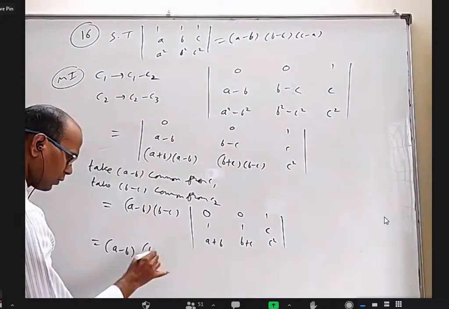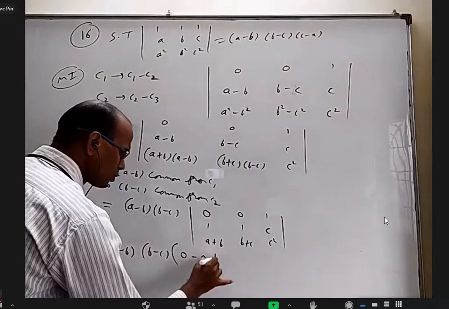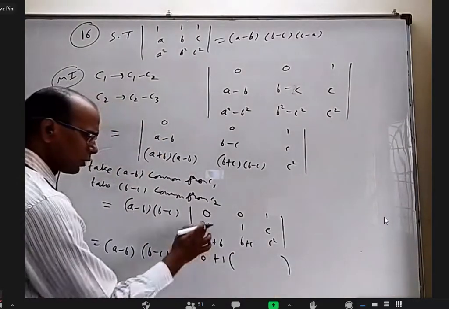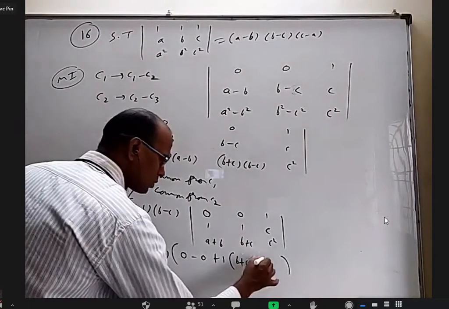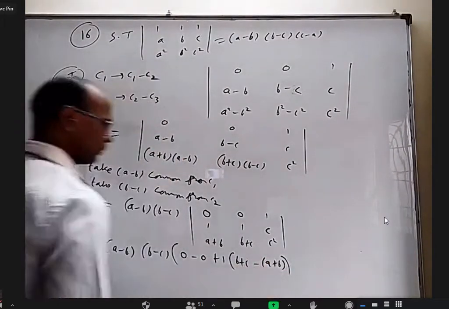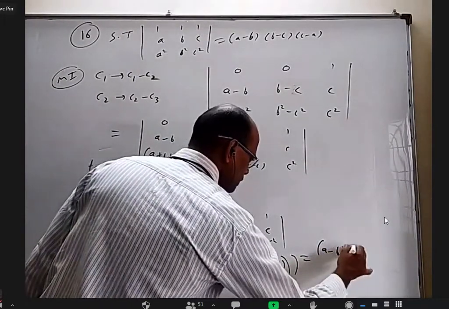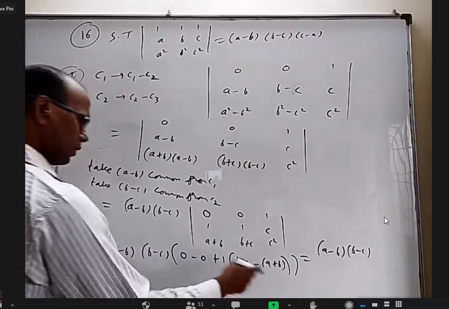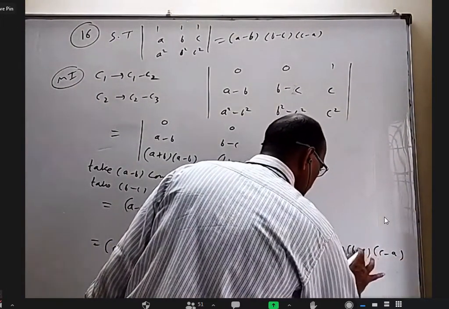A minus B into B minus C into this is 0 minus 0 plus 1 into this is B plus C, and this into this is minus A plus B. So that is A minus B into B minus C. Here B will cancel. You will get C minus A.